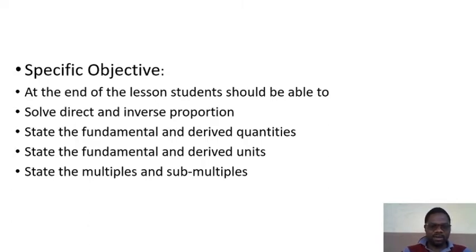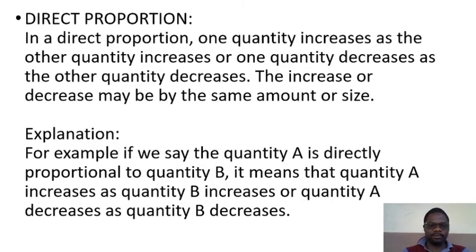Now, specific objective. At the end of the lesson, students should be able to solve direct and inverse proportion, state the fundamental and derived quantities, state the fundamental and derived units, then state the multiples and submultiples.